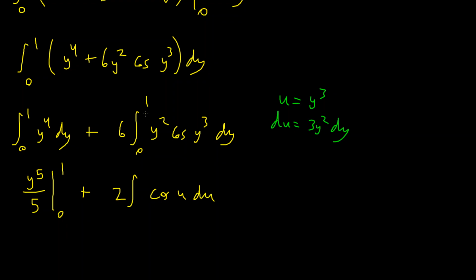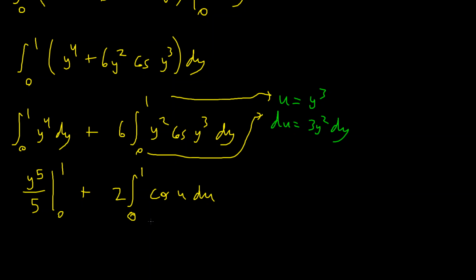Now to find the new limits of integration, we have to plug in 0 and 1 into this formula here. So when y is 0, 0 cubed is going to be 0. So that's the new lower limit. And if we plug in 1 for y, 1 cubed is also 1. So the limits happen to be the same for the new integral in terms of u.